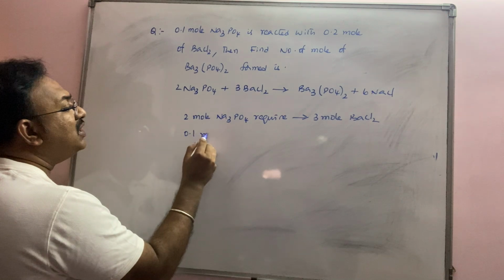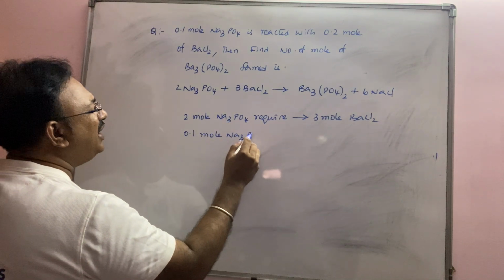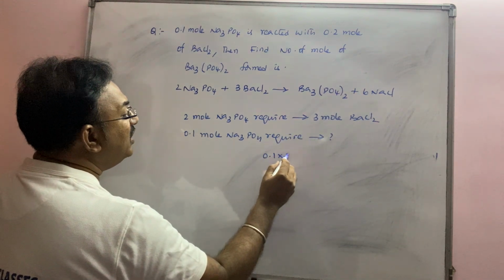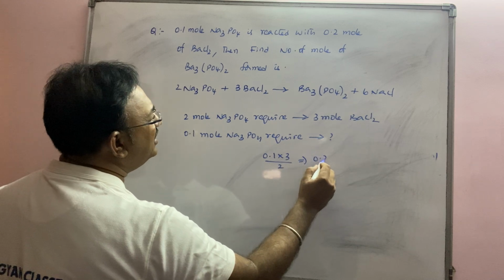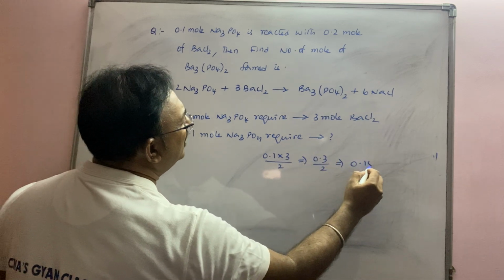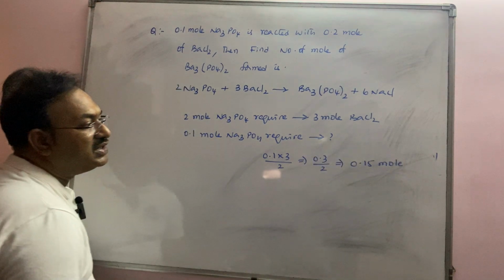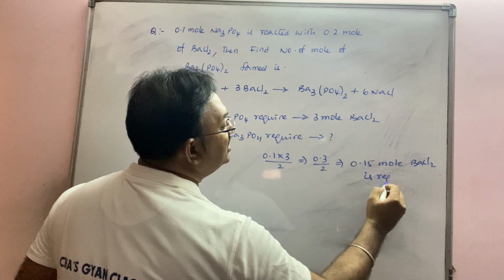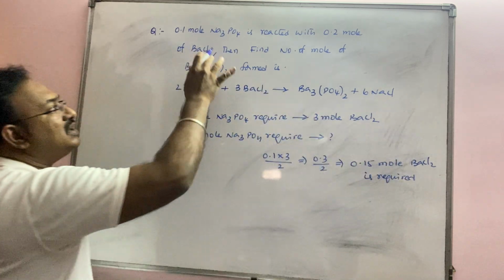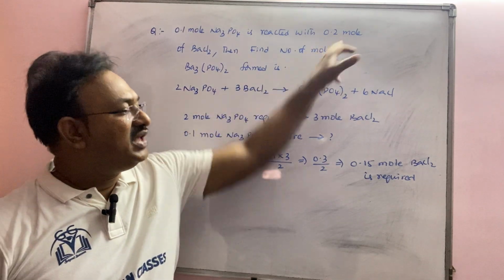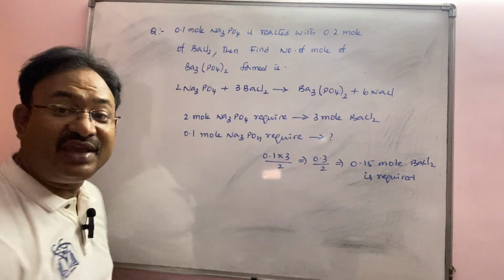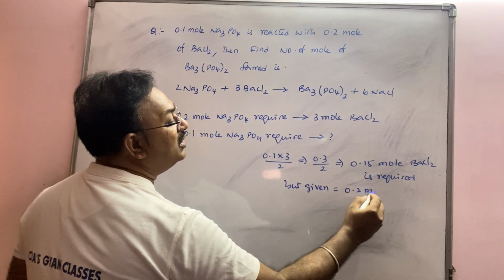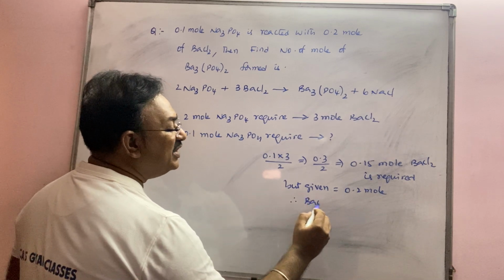So 0.1 mole sodium phosphate requires how much barium chloride? 0.1 into 3 by 2, so 0.3 by 2, that is equal to 0.15 mole. Got it? So 0.15 mole BaCl2 is required. But how much is given? In the question, 0.2 mole is given. 0.15 mole is required, but given is 0.2 mole. Therefore BaCl2 is in excess.